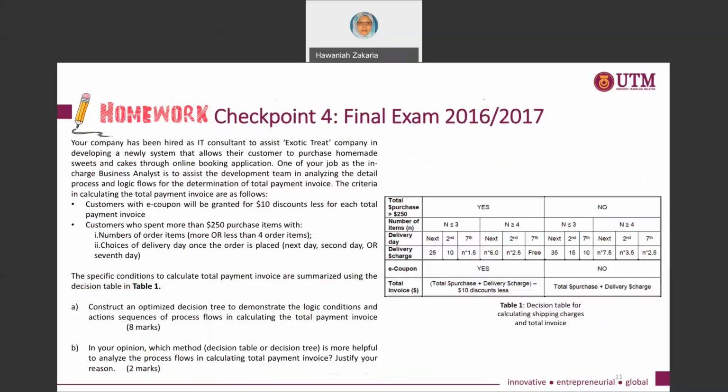Okay. So consider this as your homework, for checkpoint 4. This particular question in checkpoint 4 is taken from a final exam for session 2016-2017, a question related to process specification. You are required to produce a process specification.